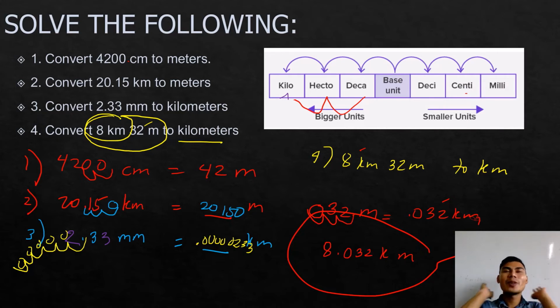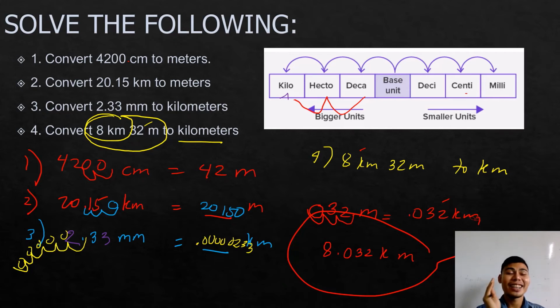So, memorize, familiarize: millimeter, centimeter, decimeter, the base unit, decameter, hectometer, kilometer. Okay, close your eyes. Join with me while I say it from the leftmost to the right. Go. Millimeter, decimeter.